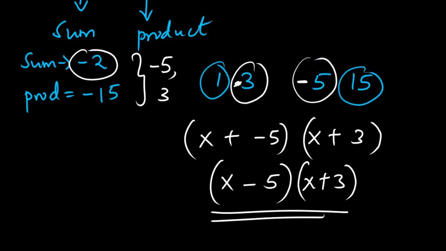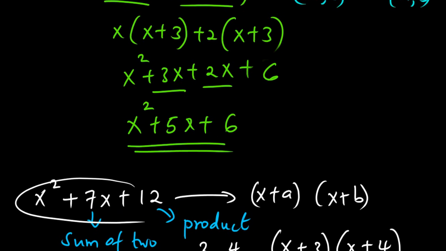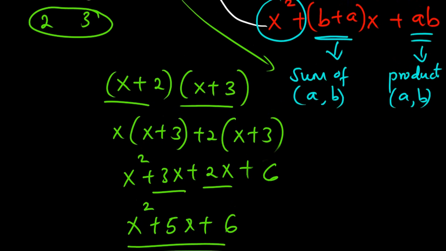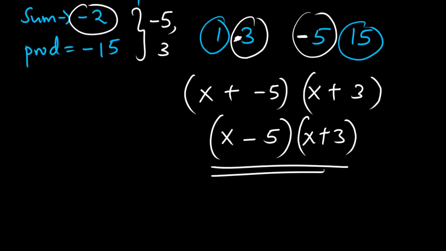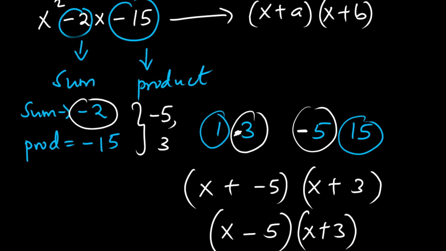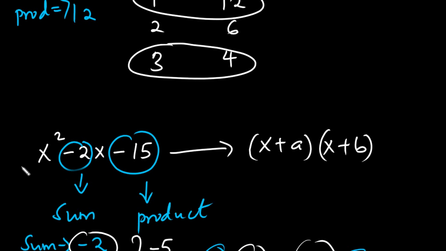So I want to leave it at that. So we have been looking at quadratic expressions whereby the coefficient of x squared is 1. So you can see for all these expressions that we have looked at, the coefficient of x squared was 1. Okay?